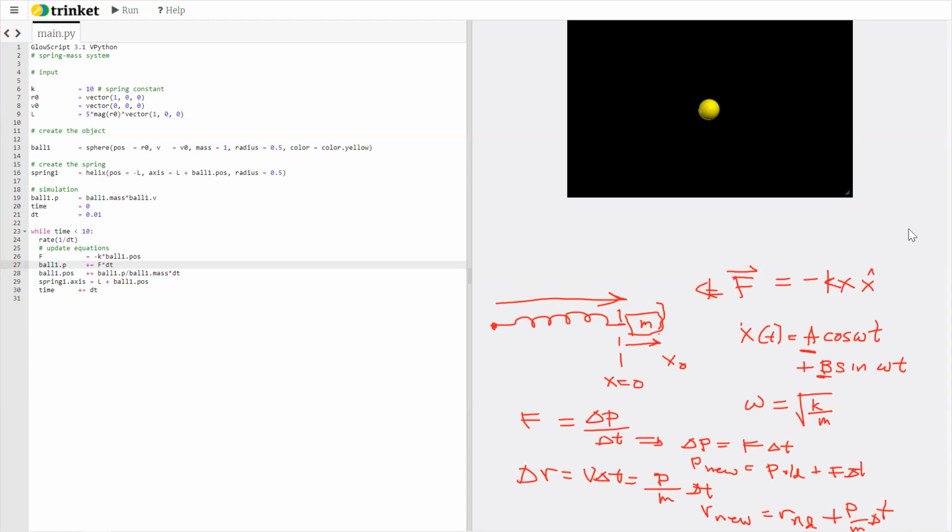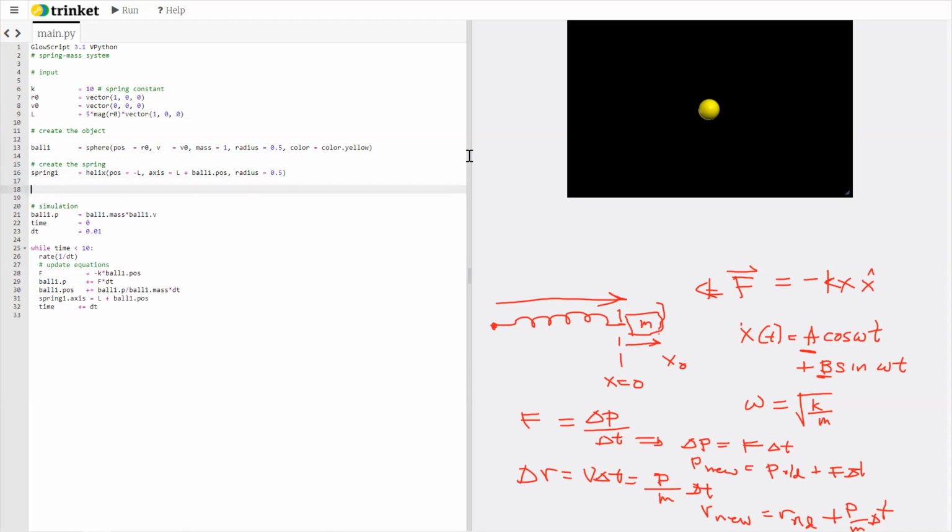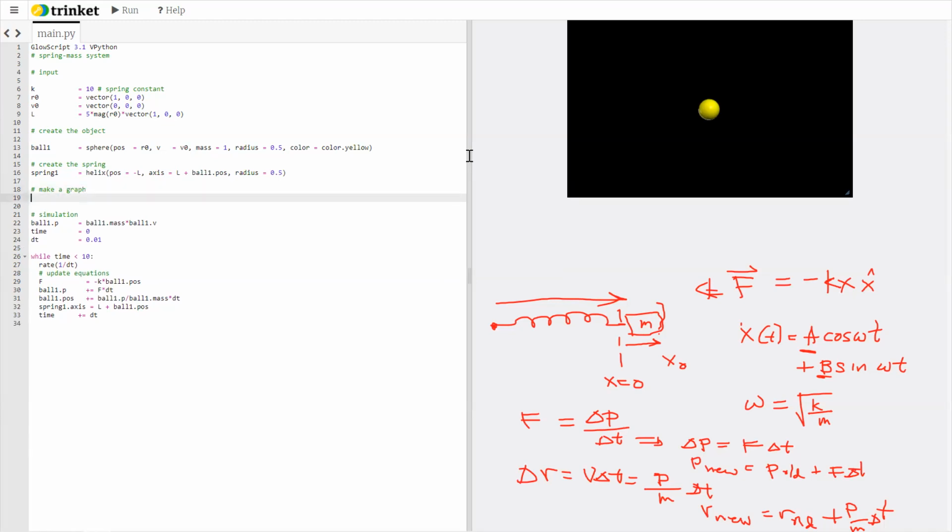Now we want to map the function. So make a graph for x versus t, or r versus t, and r dot versus t.